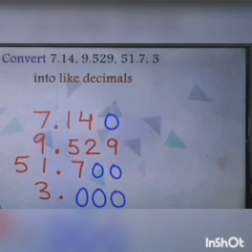So what are like decimals? Decimals having the same number of decimal places are called like decimals. And what about unlike decimals? Decimals having different numbers of decimal places are called unlike decimals.